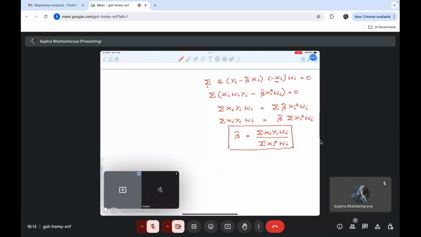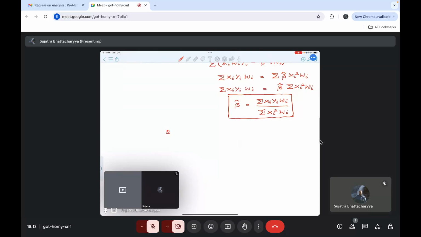We know that for the second question, we have to use the same beta hat. So let me write it again. Beta hat is summation xi yi wi in the numerator divided by summation xi square into wi. So this estimator we will be using, but it is given that the variance of yi is c times xi.